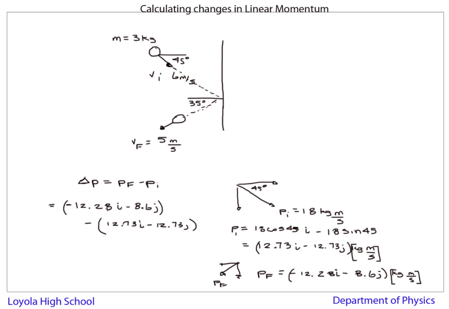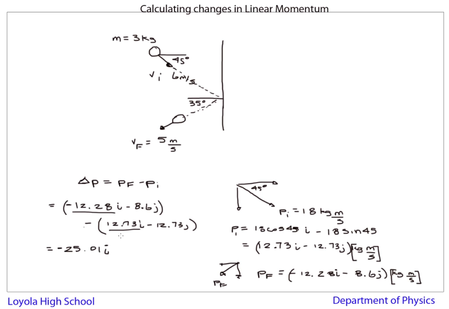And so what I do now is I take corresponding components. So I take negative 12.28 minus a negative 12.73, and that becomes negative 25.01 i.